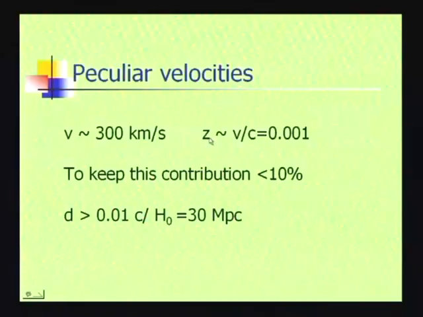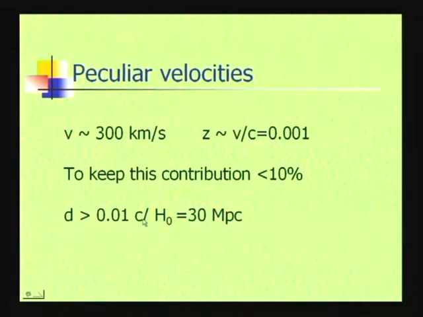This number could be larger if you have slightly larger contributions from peculiar velocities. It could also be larger if the Hubble parameter is smaller. I have used 100. But this gives some typical number of the length scales that we have to look at. So, we have to consider length scales not within tens of megaparsec, but of the order of 50, 100, few hundred megaparsecs to get a reliable estimate of the Hubble parameter.